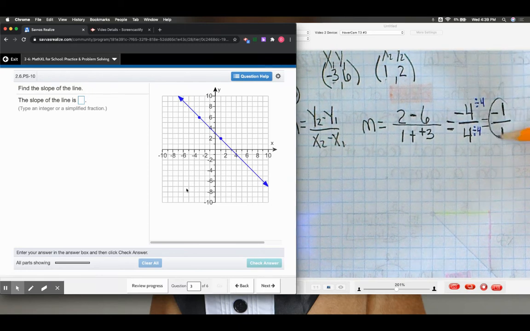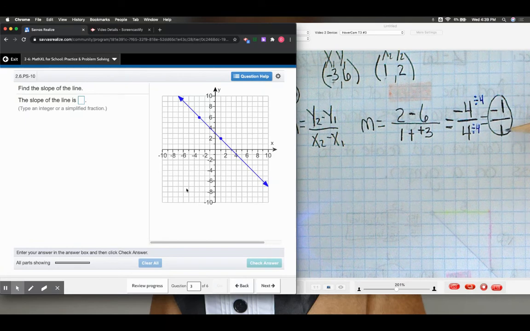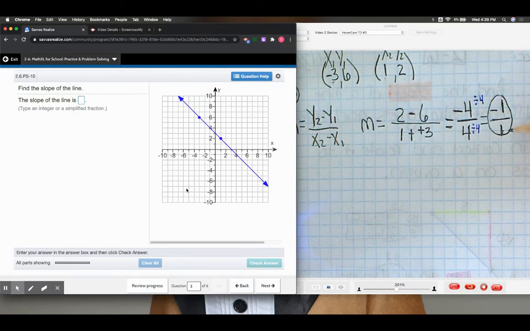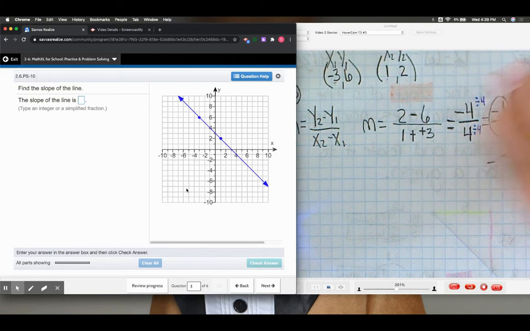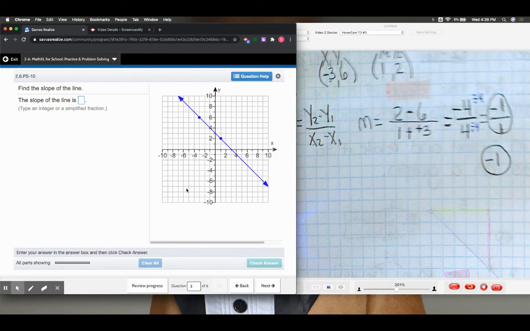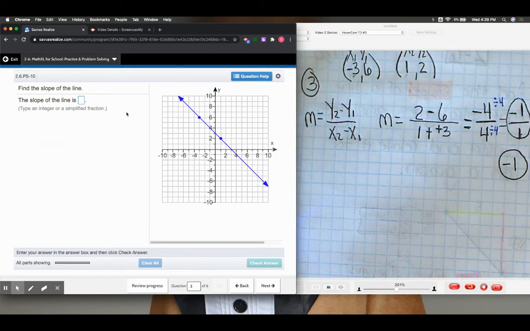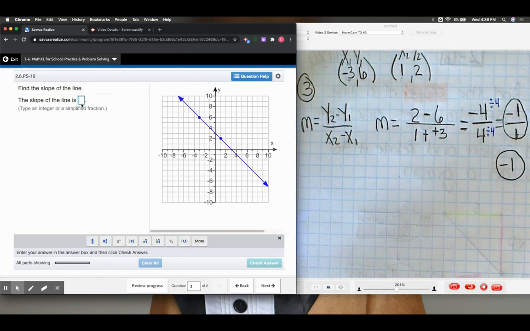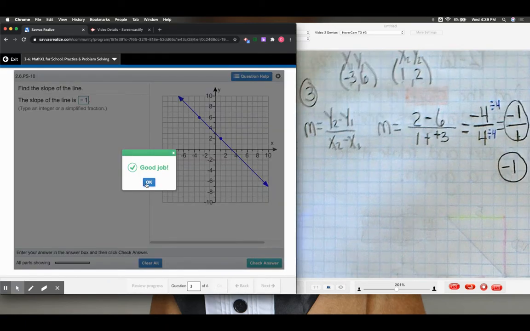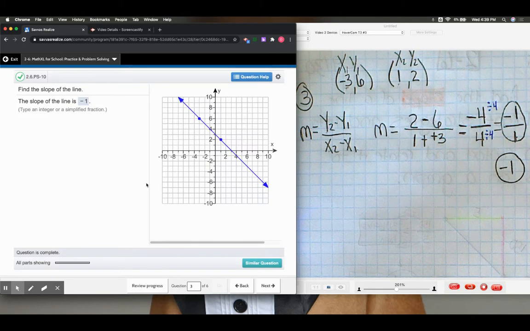They were picky last time, they're going to be picky again. If the fraction is over 1, you can make it an integer or whole number by just keeping the top. Let's see if we got this right. This is negative 1. Negative 1. Fantastic. All right, so now take a minute, copy down anything you need to.